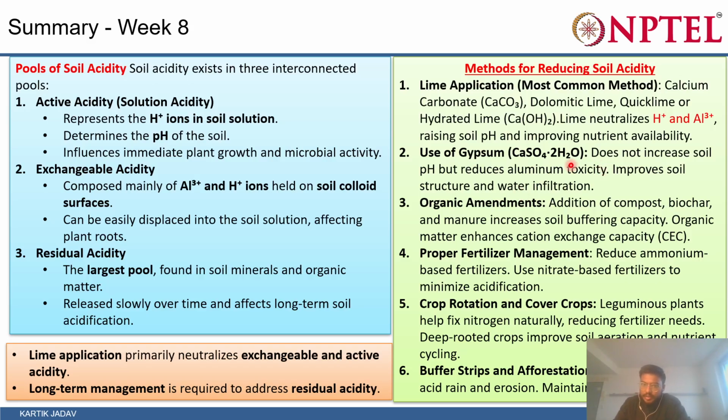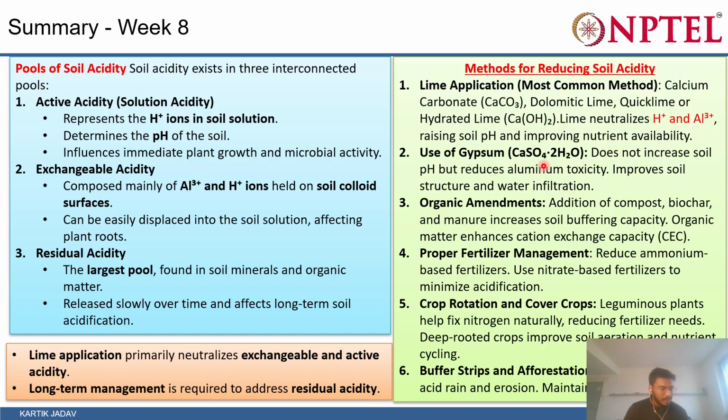If your aim is just to reduce aluminum toxicity in the plant, because even a trace amount of aluminium in soil badly impacts plant growth, then if your soil has a higher aluminium content, you must use gypsum.